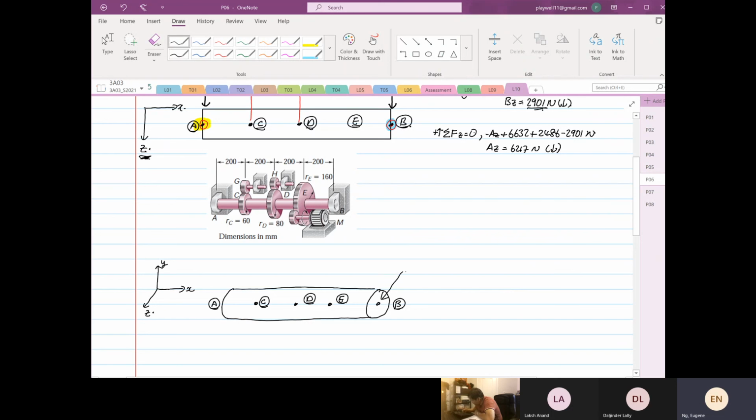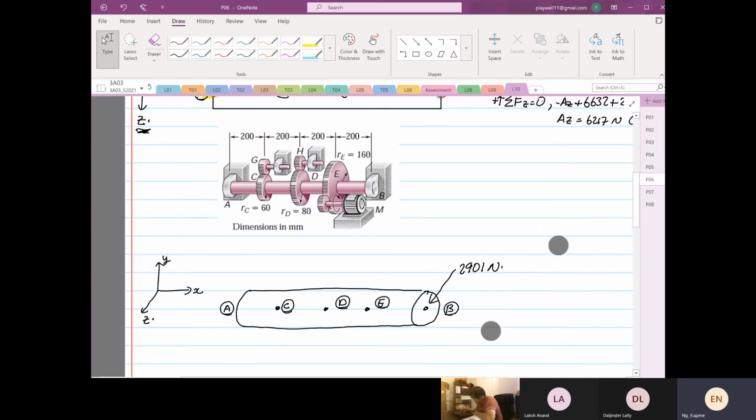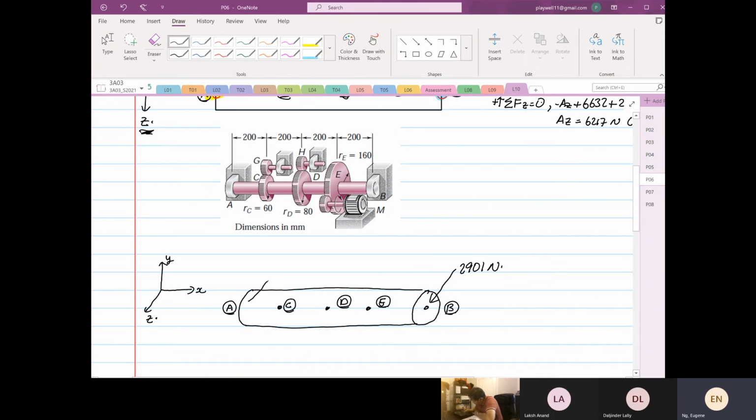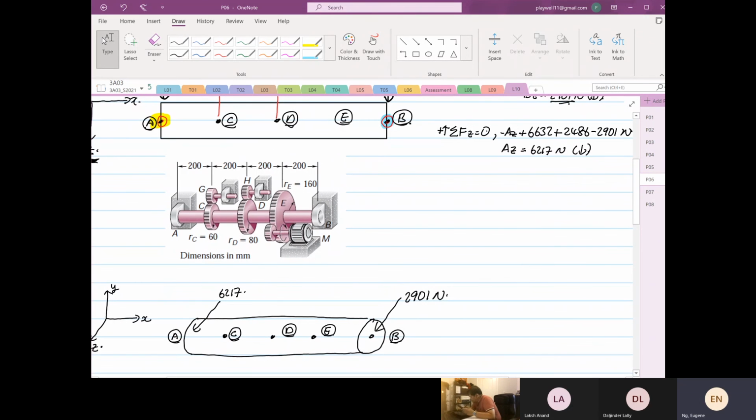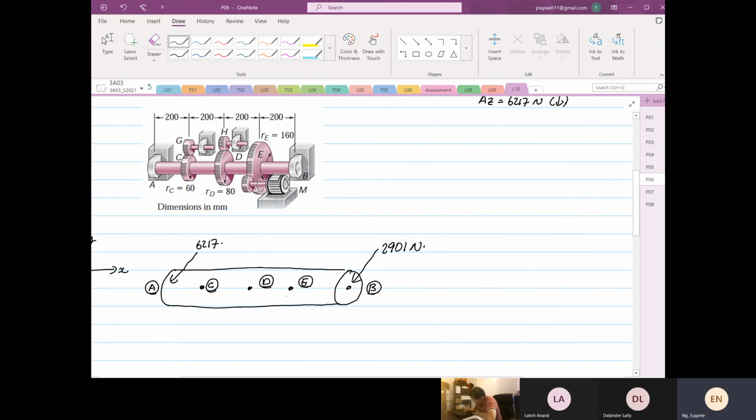So this is your 2901, and then your AZ is 6217. So you have a force coming down out here. 6632 plus 2486 minus 2901 is 6217.